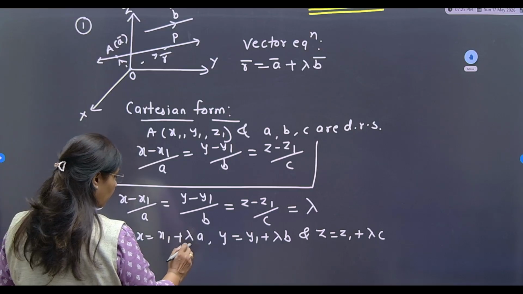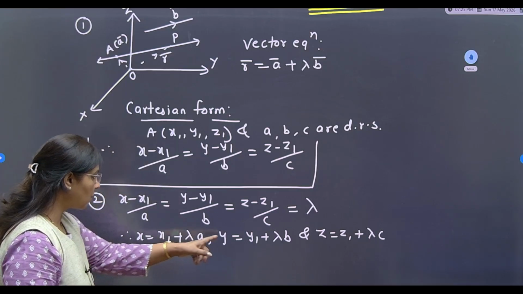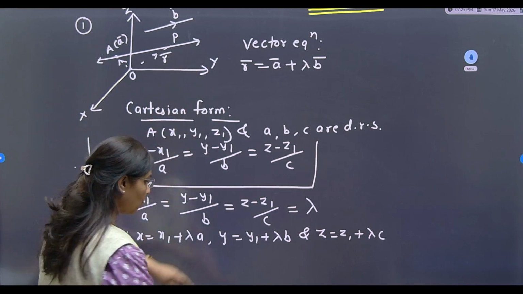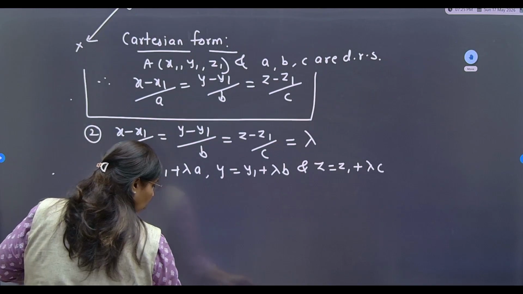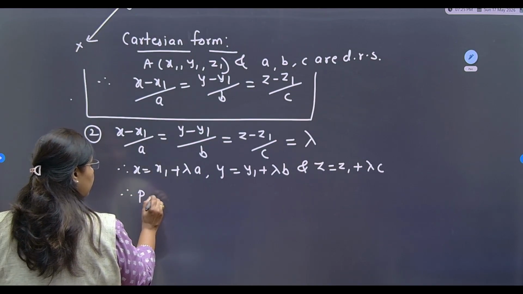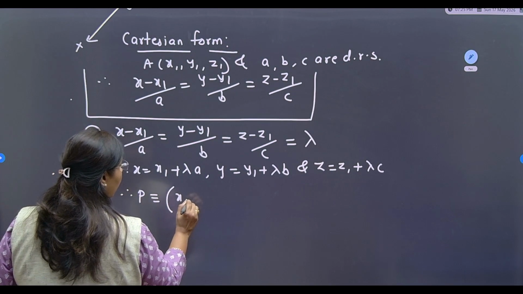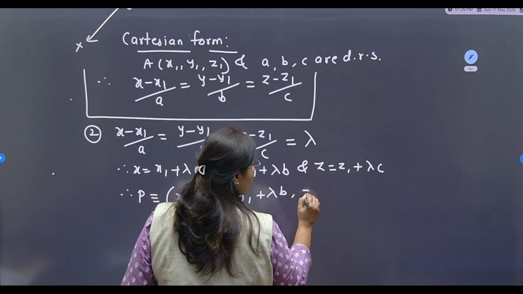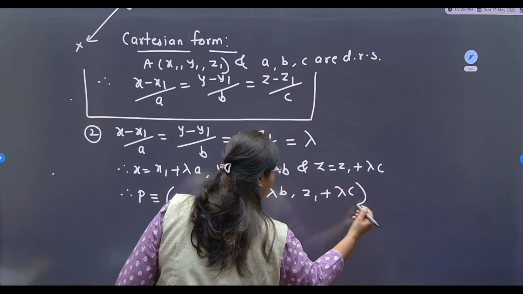Here x, y, z are the coordinates of any point on the line. Therefore, the coordinates of point P, any point on the line, are (x1 plus lambda a, y1 plus lambda b, z1 plus lambda c).